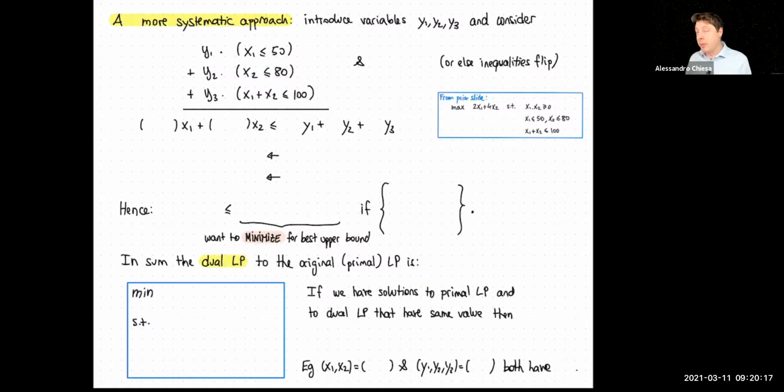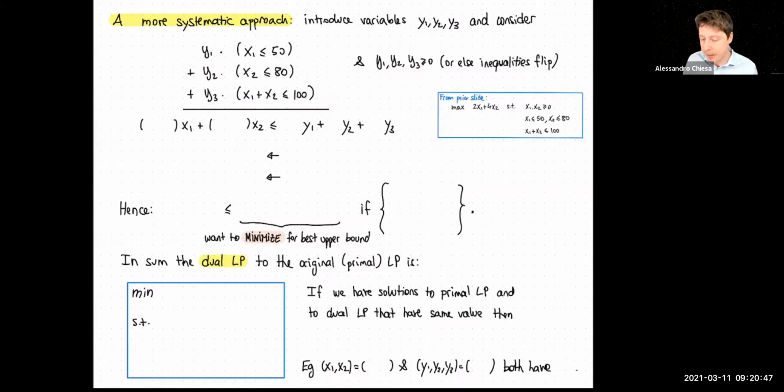Now, a small delicate thing here is that I am multiplying inequalities, and in order for them not to flip, I need the coefficients that I'm multiplying by to be non-negative. Otherwise, they flip. If I multiply by -1, then the inequality will flip. It's okay to multiply by 0 or 1 or a half. So I'm going to introduce these three variables, and for now, I'm just going to say they're non-negative.